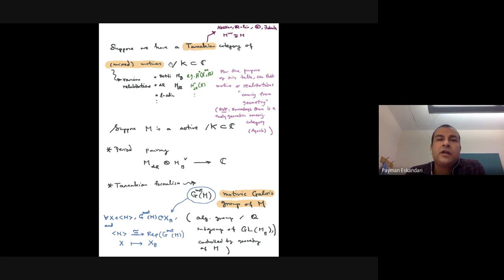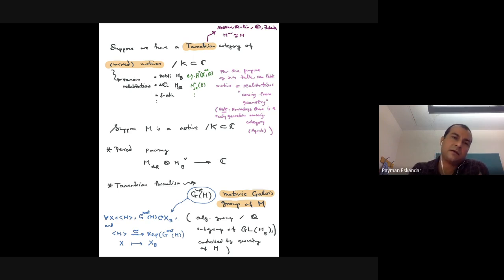A mixed motive, very intuitively speaking, we want to think of as a piece of cohomology of a variety over K. The point is that you have various realizations attached to a mixed motive: a Betti realization, de Rham, and l-adic. For this particular talk, it's Betti and de Rham that play an important role.